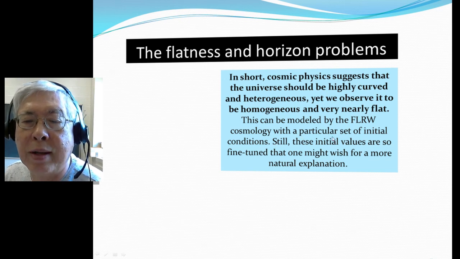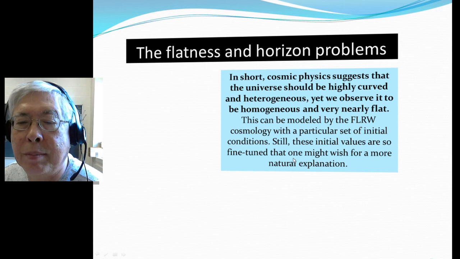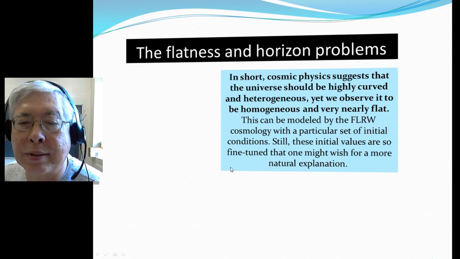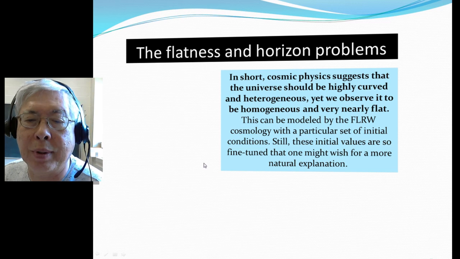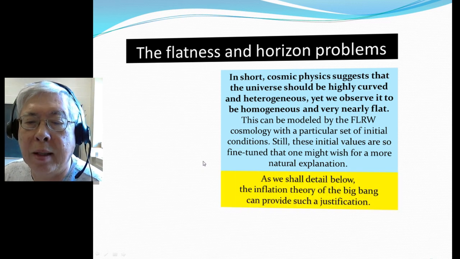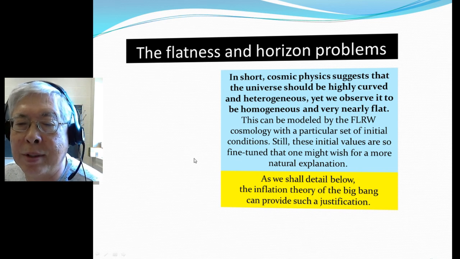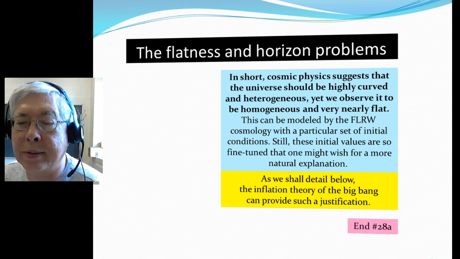But these initial values are so fine-tuned that one might wish for a more natural explanation of why they should be so, not just say we happen to be this way. As we shall detail below, the inflationary theory of the Big Bang can provide such a natural justification. Okay, that's the end of this first part.